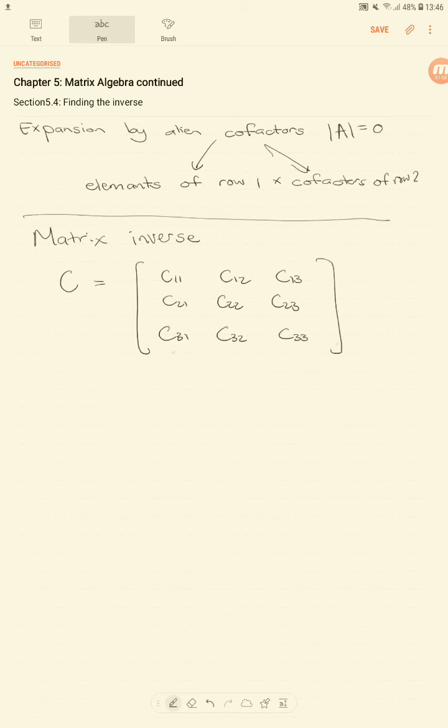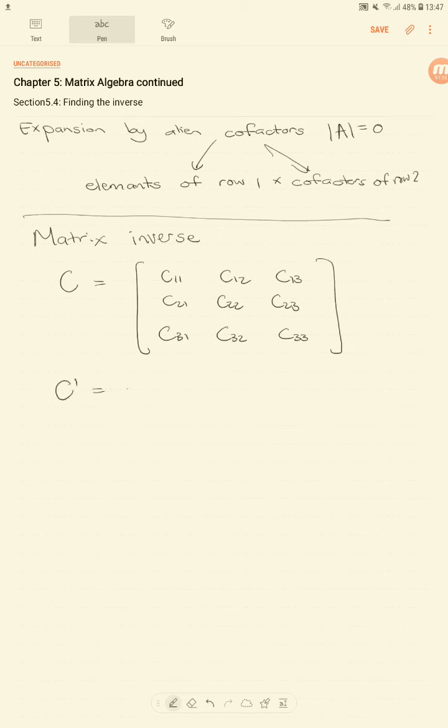Remember, the cofactor is equal to -1 to the power of i plus j times the determinant of the minor Mij, and the minor is found by deleting row i and column j. If you are unsure about this, go back to previous videos to ensure you understand.